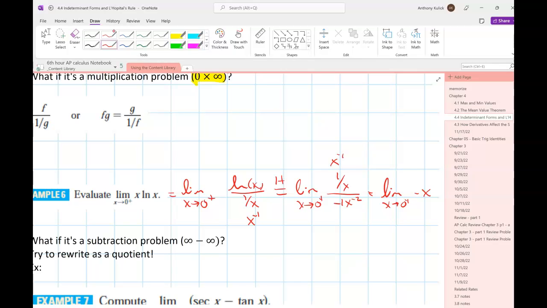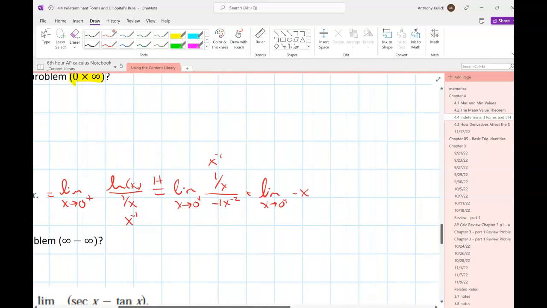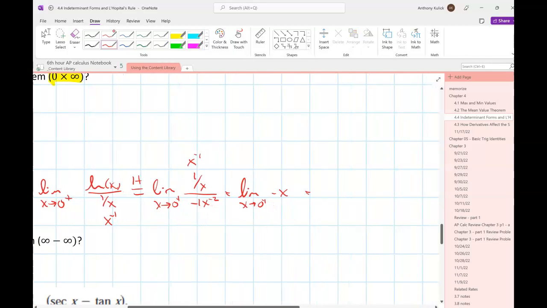Negative 1 minus a negative 2, when I add the exponents, or subtract the exponents, I guess I should say. And then when I do direct substitution, what do I get? 0. No. All right then. So the goal is we L'Hopital until we can get to direct substitution.